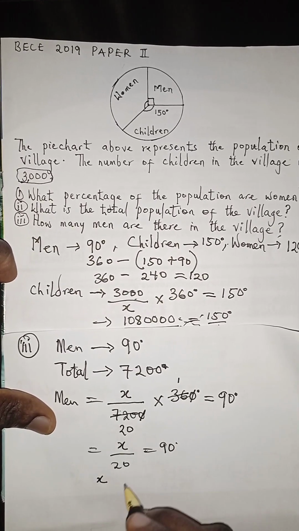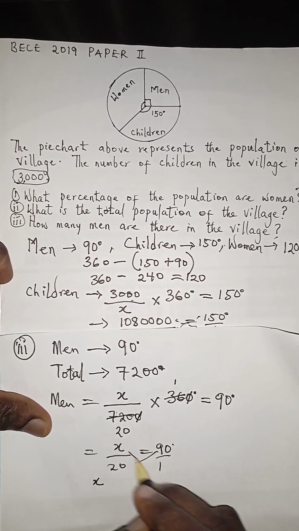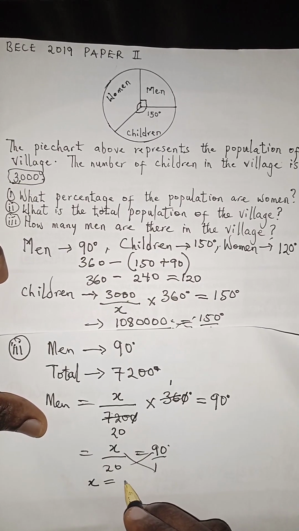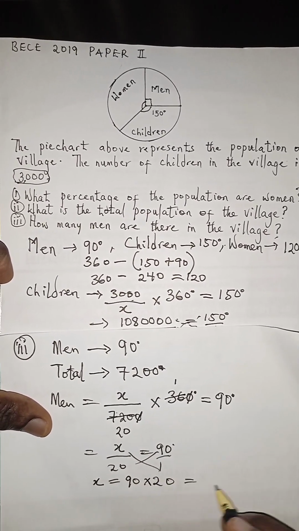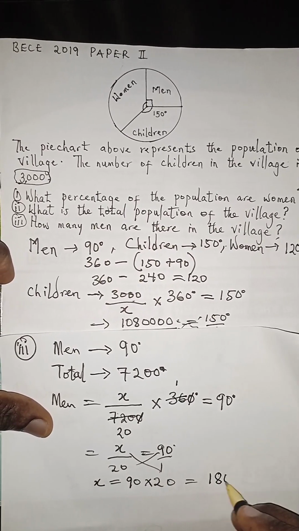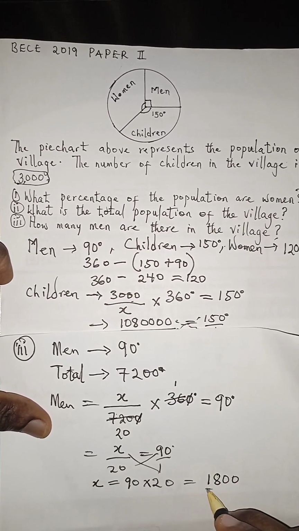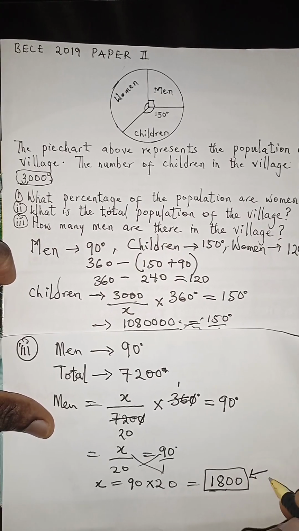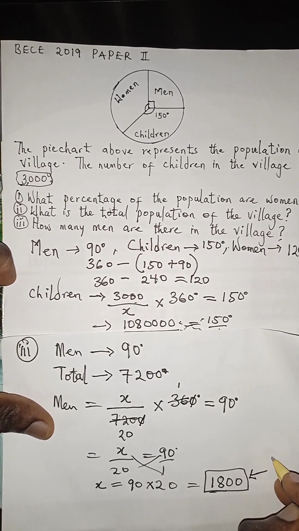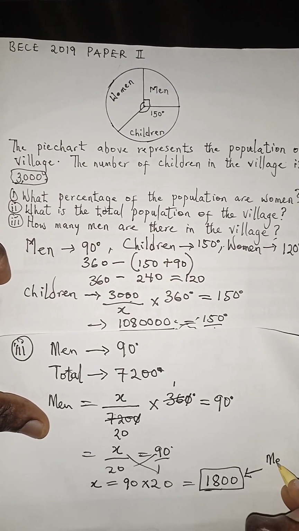I'm going to cross multiply, and I'll be left with x equals 90 times 20, and that gives me 1,800. So the number of men in the village is 1,800.